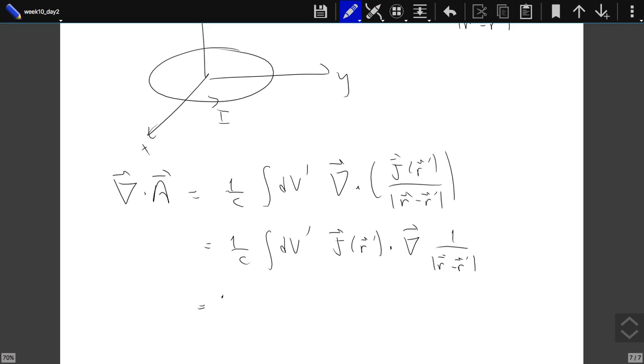Which will be equal to 1 over c times dV prime J of r prime minus the gradient with respect to the r prime coordinate of 1 over r minus r prime. Since it's a function of r minus r prime only, I can replace the gradient with respect to r with the gradient with respect to r prime. I just need to add a minus sign.